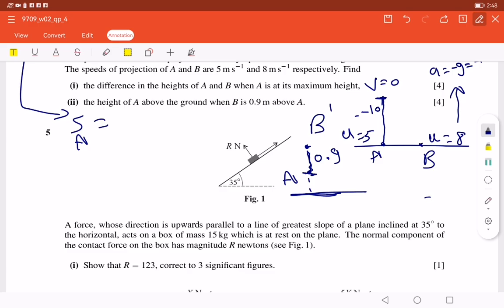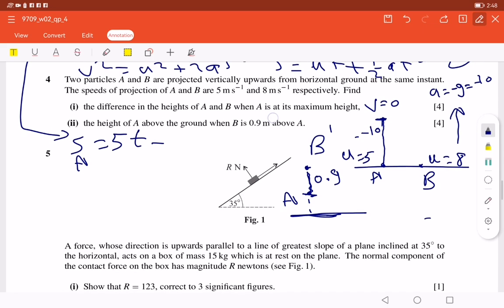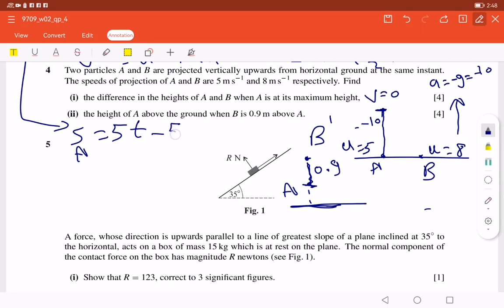From the equation, the initial of A is 5t minus what? The equation has a t squared. A means negative 10, so half of 10 means 5t squared. And with respect to B, SB equals 8t minus 5t squared.